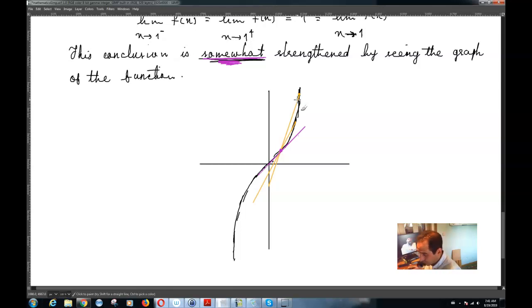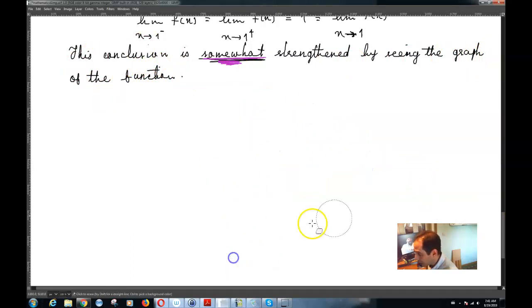Anything could really come up as you zoom in and in and in. So the word somewhat is strengthened by seeing the graph of the function. But of course, once we know more about how exactly these limits work, then you can make sure that these limits are actually going to work for you. Okay.